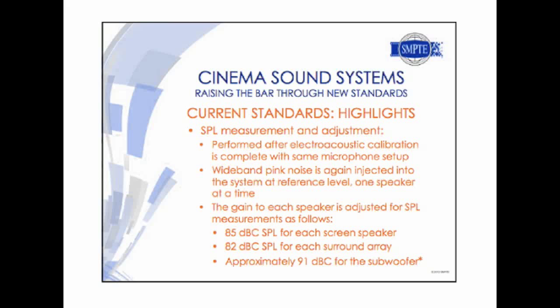The interesting thing is that reference level in the cinema sound system is negative 20 dB full scale. So that's 85 dB for the speakers, theoretically 95 dB for the subwoofer. Later in the presentation, they say the subwoofer should be able to exceed 110 dB, ideally hit 115.